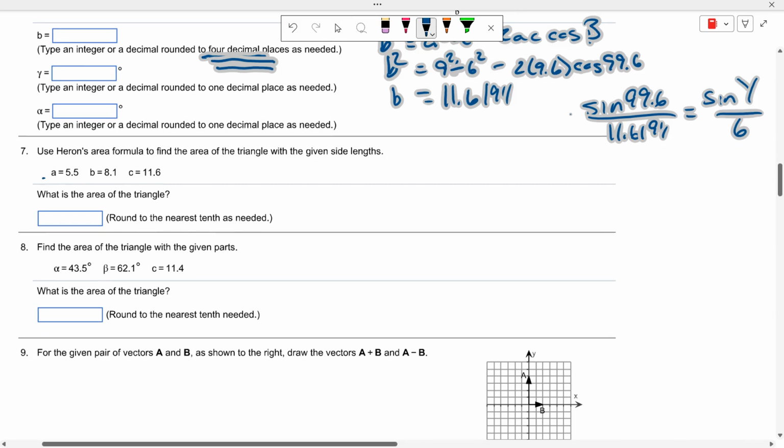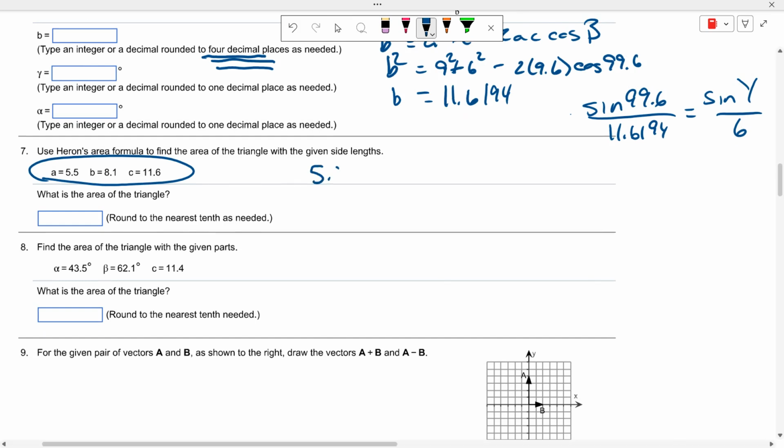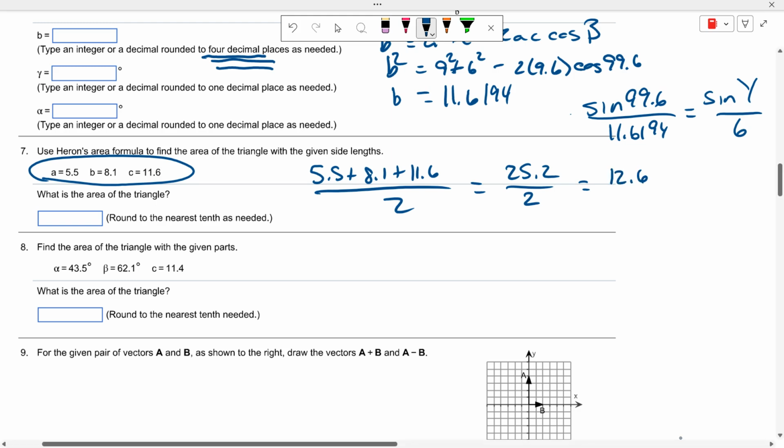Okay, if we have 3 sides, you use Heron's formula. What's Heron's formula? Well, you add up the 3 sides, 5.5 plus 8.1 plus 11.6, and divide by 2. 5.5 plus 11.6 is 17.1, plus 8.1 is 25.2, divided by 2 is 12.6.